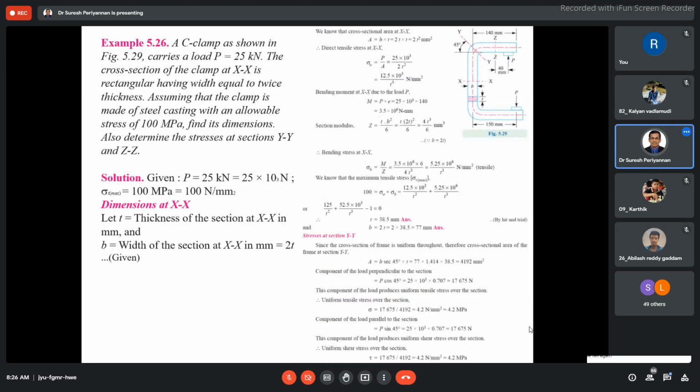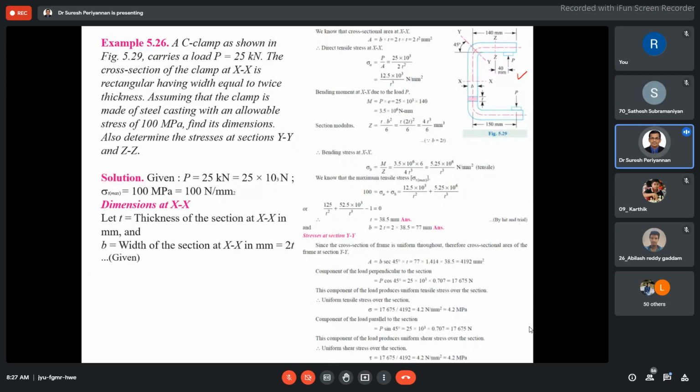Now they come to the last, next problem. A clamp as shown in the figure here. This is a clamp. This is a different problem, a very important problem. I tell you one thing, I have gone through many books, and most of them are playing with this problem only. They change the values only, either stress value, dimension, or loading value, the P value.